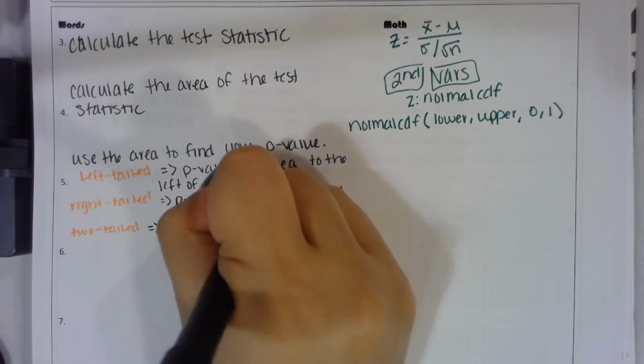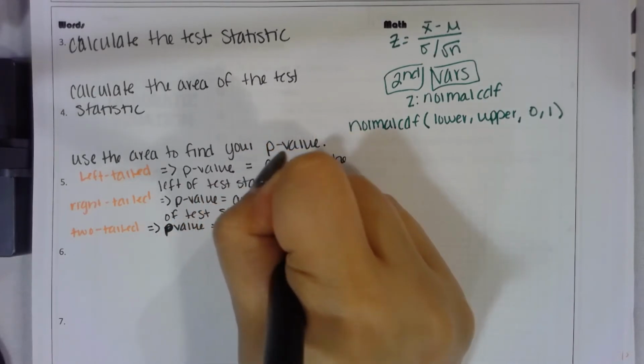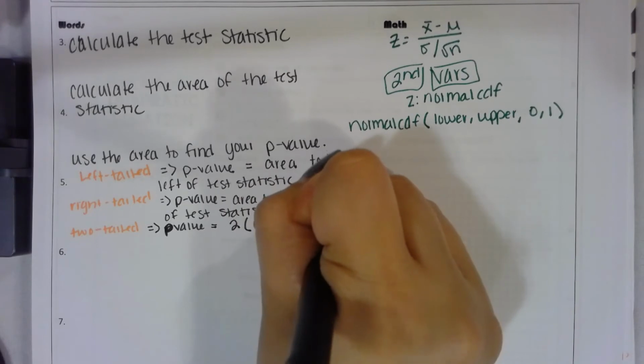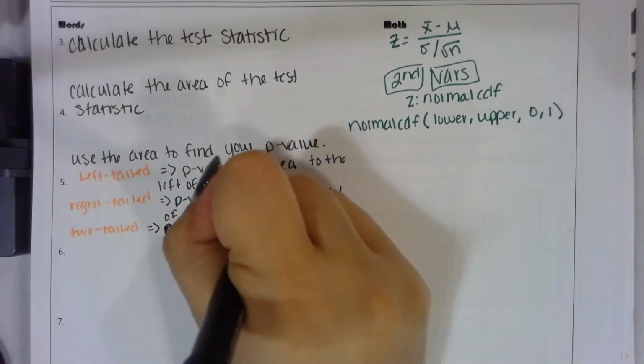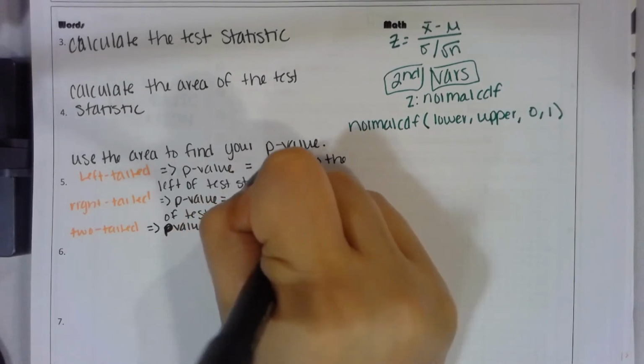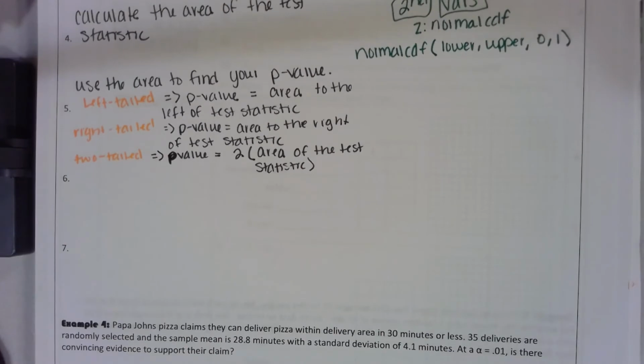When doing that, you're going to do one of two things: you're going to reject, or you're going to fail to reject. You reject if your p-value is less than or equal to your significance value, and you fail to reject if your p-value is not less than or equal to your significance value.